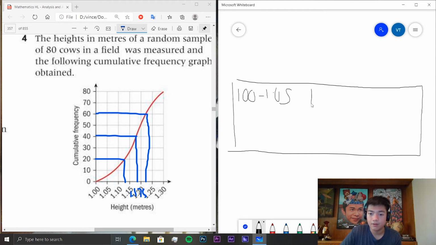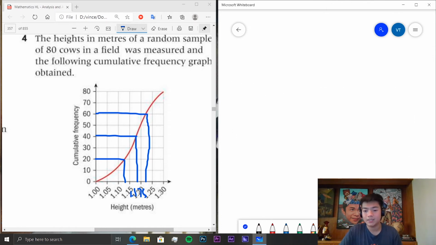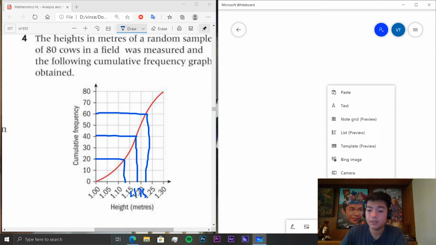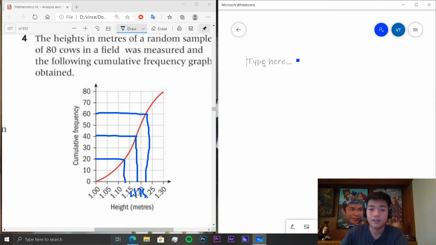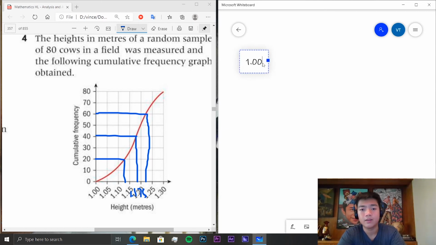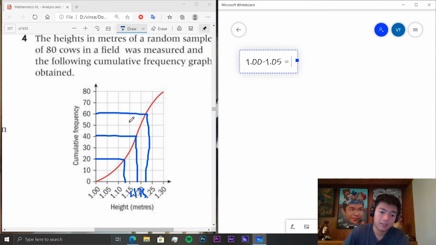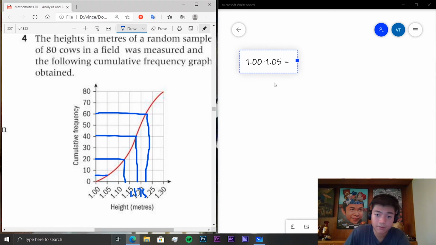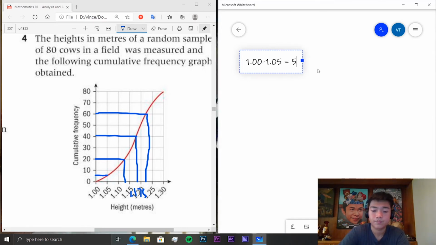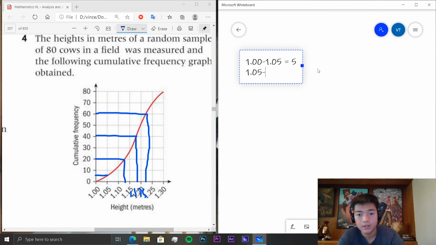Actually, I'm just going to list it down, it's a bit hard drawing it. So 1 to 1.05. Well, what's this point on the curve? I'd say that's around 5. 1.05 to 1.10. Well, what's this point on the curve? I'd say that's around 15, so I'd give this class 10.